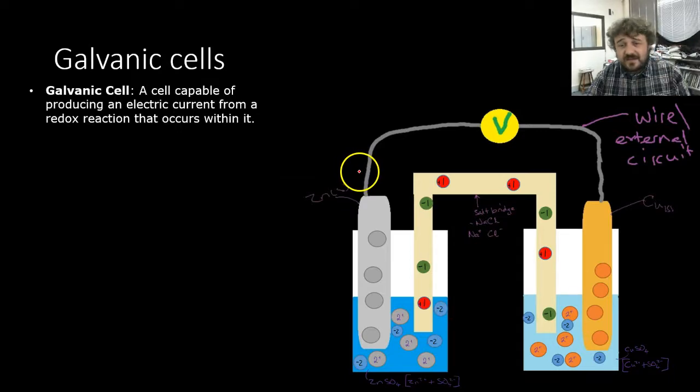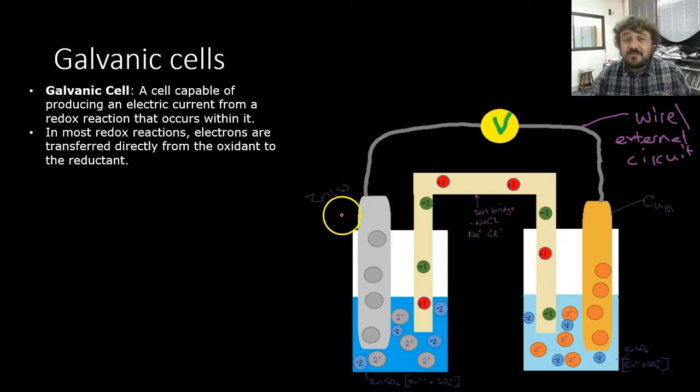So what is a galvanic cell? A galvanic cell is able to produce electric current from a redox reaction that occurs within it. And as you can see, we've got zinc sulfate and copper sulfate. We've got all the makings of a good redox reaction happening here. In most redox reactions, the electrons are transferred directly from the reductant to the oxidant.